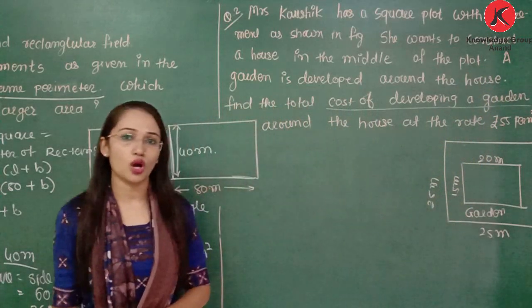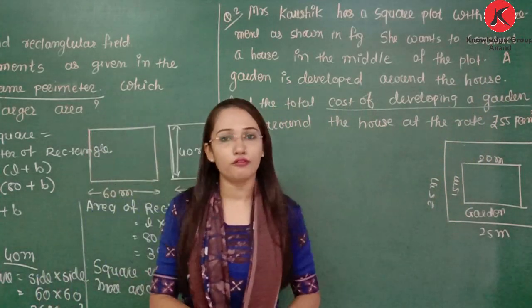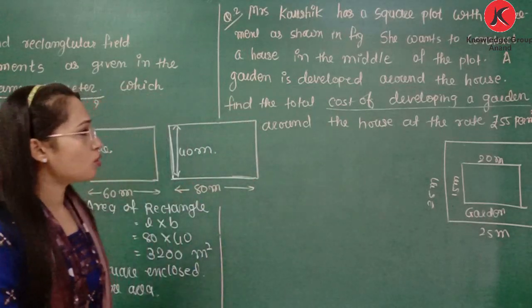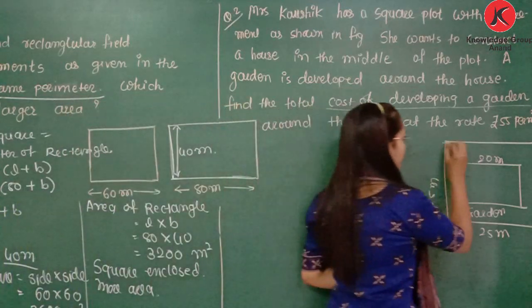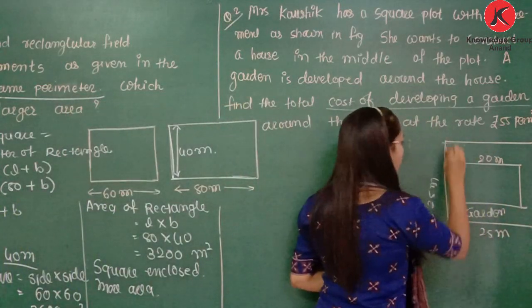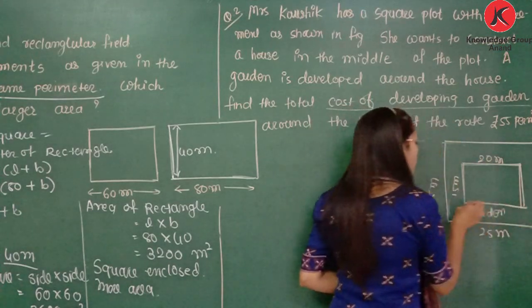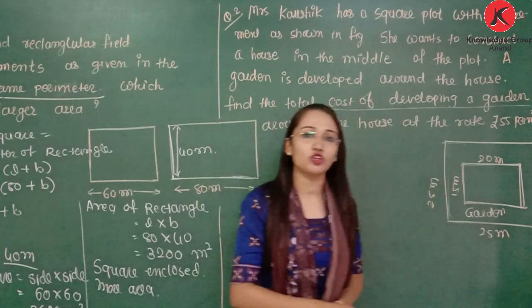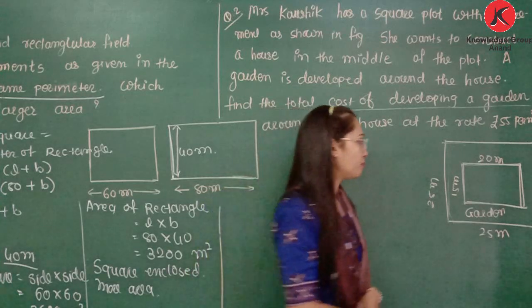How can we find the cost of developing a garden? Before that we need to find the area of the garden. So how much area we need to cover, that we need to find. This is the total area of the plot and this is the area of the house. So from the total plot, if we subtract the area occupied by the house, then the remaining area will be the area of the garden.